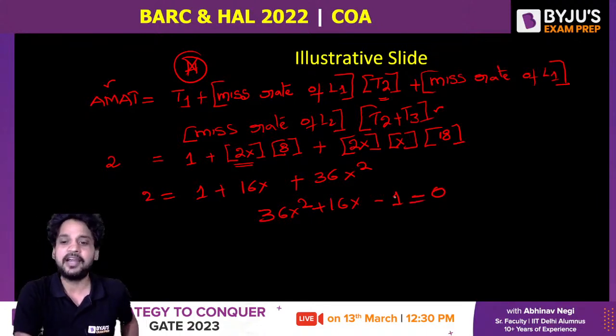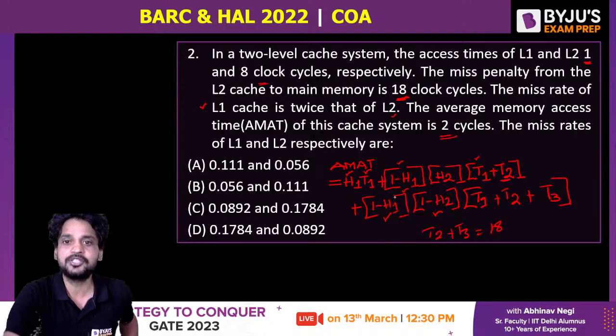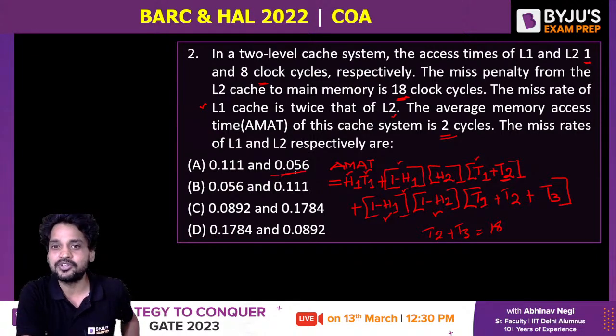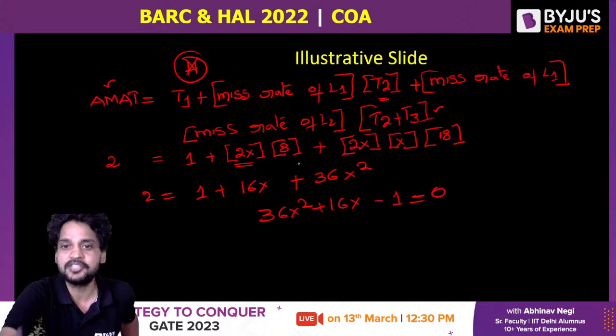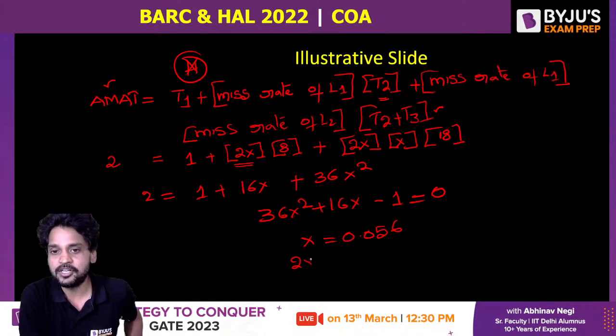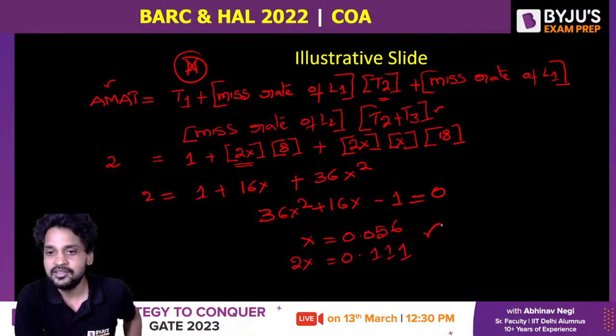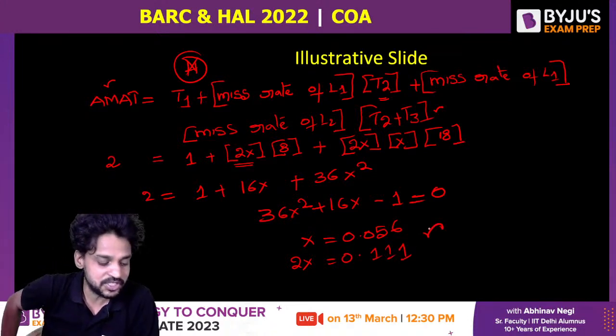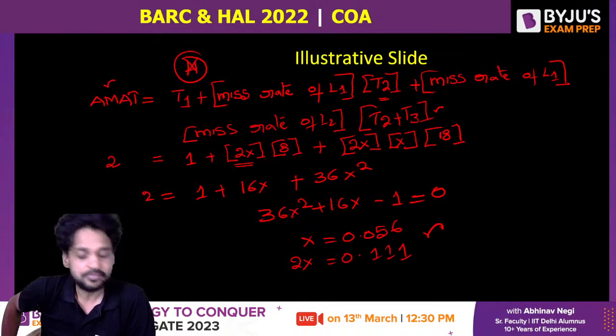If you factorize, x is equal to 0.056 and 2x is equal to 0.111. This is the actual option and this is the answer. Did you people get this or not? Can you go to the next question?